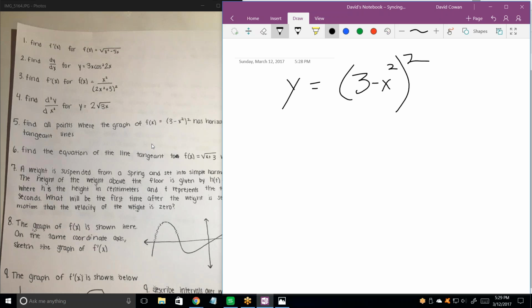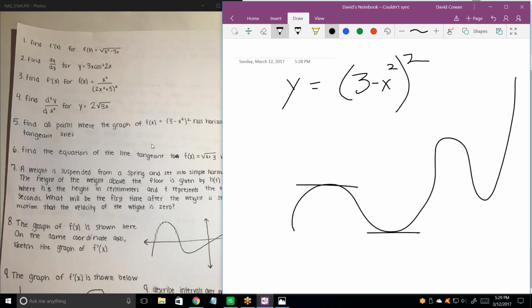When the line has a slope of 0? Yes. In other words, if my graph looks like this, there's a few places where it has a horizontal tangent line. There's one, there's another, there's another, there's another. Notice what I'm getting are the peaks and the valleys.